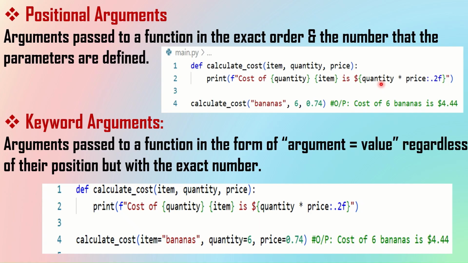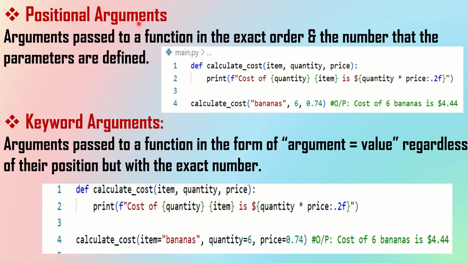Python will not execute this, because quantity should be an integer, but here bananas as a string is being passed. That is not at all correct. So whenever we don't follow the sequence that we exactly defined in the function definition while making a function call, the Python compiler will throw errors. In order to get rid of those errors, we need to follow the same order as well as the number of parameters that we have defined in the function definition.